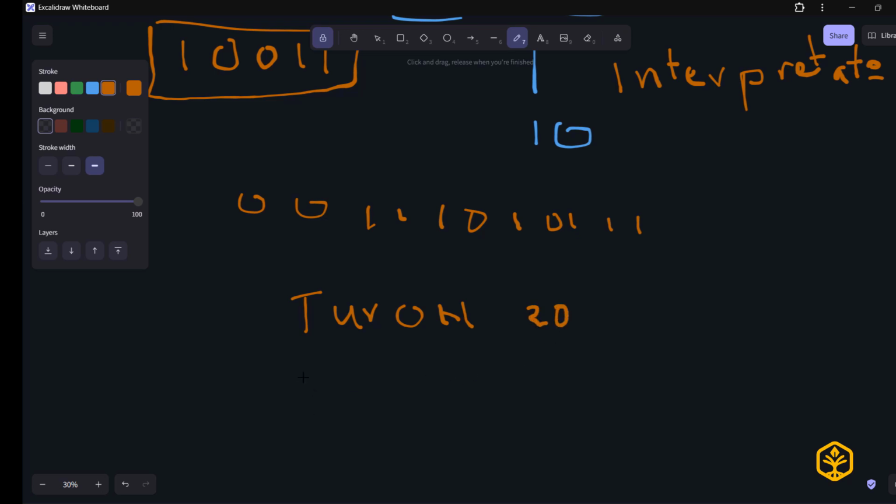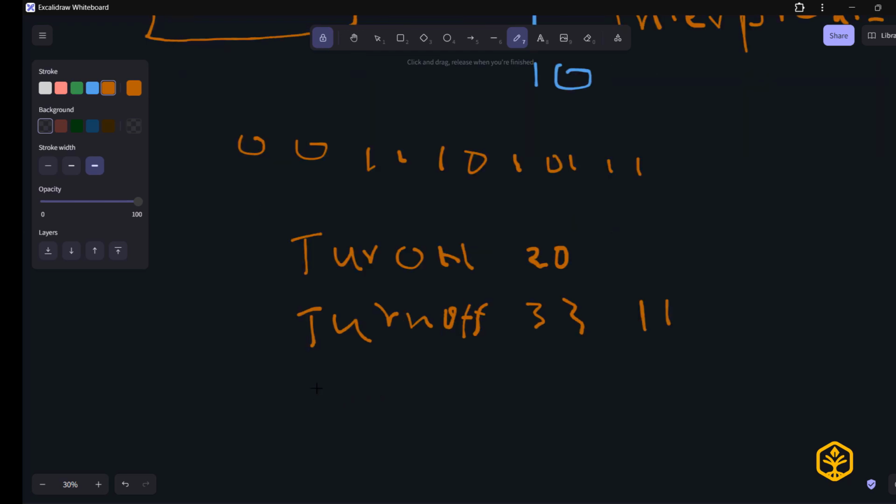And then we'll be like 10 off, 30 and 33, and then 11. Then we'll be like blink. So maybe we have these lights that can blink. Okay, blink 6, 1 and 10, and then let's say 15.